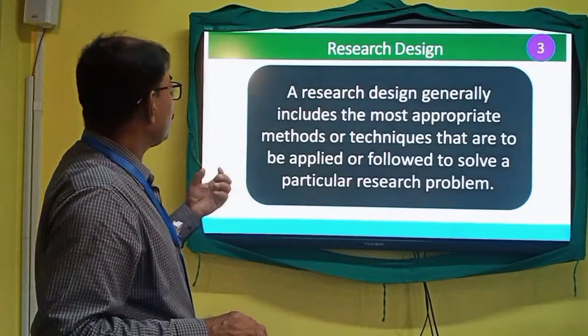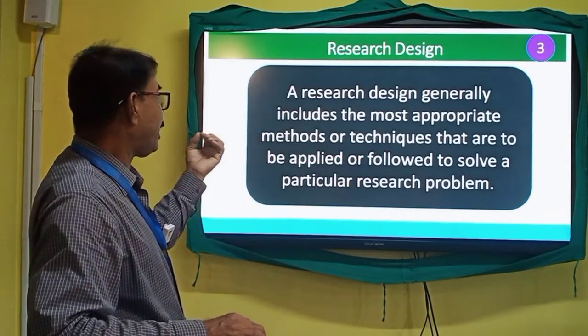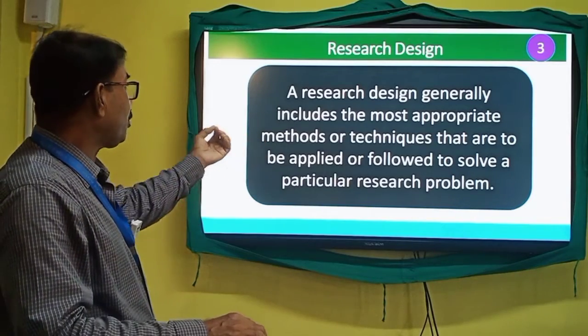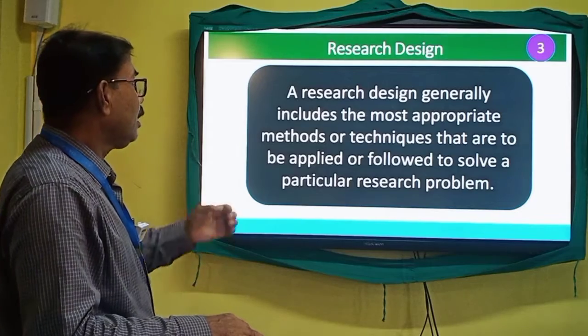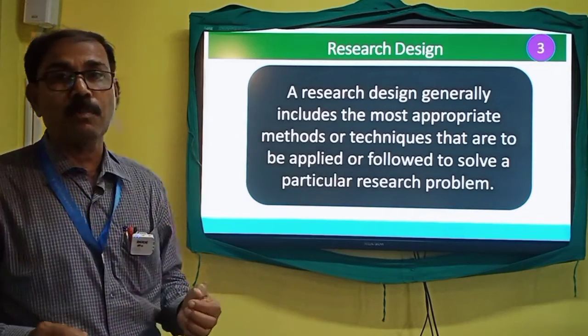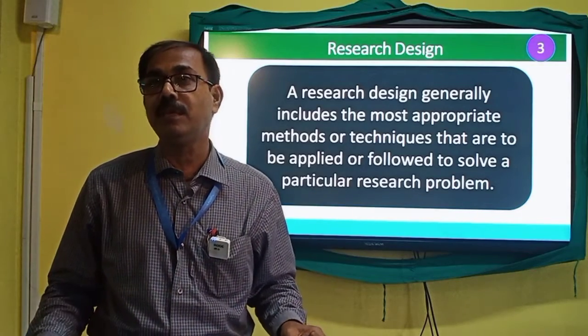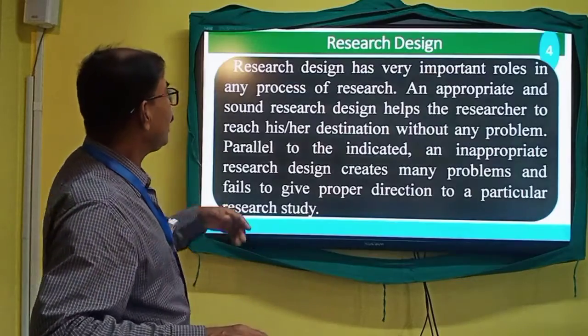Let us see the next one. A research design generally includes the most appropriate methods or techniques, about which we have discussed in detail in our earlier classes, that are to be applied or followed to solve a particular research problem which is being selected by you as a researcher. Let us see the next one.